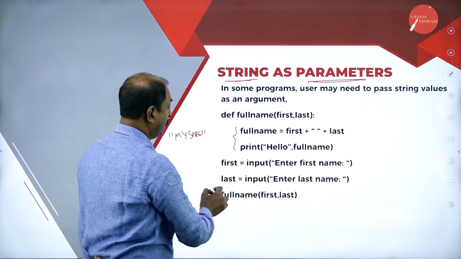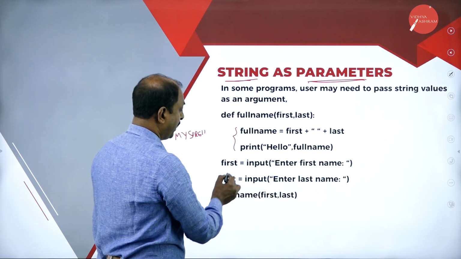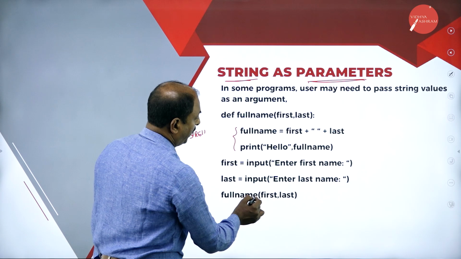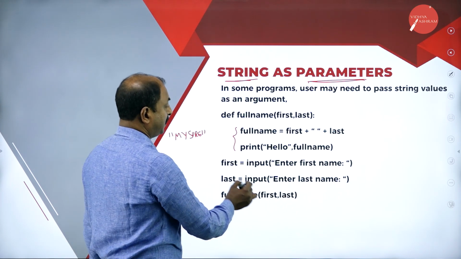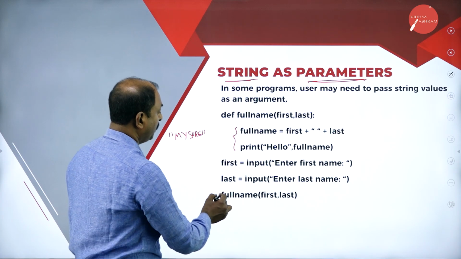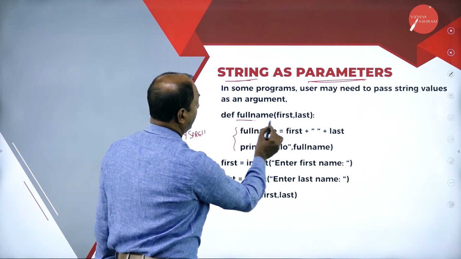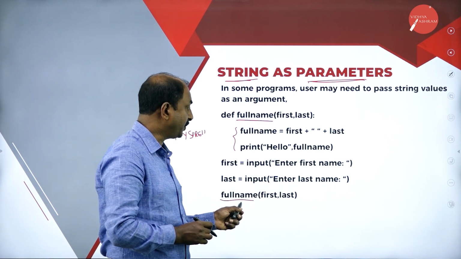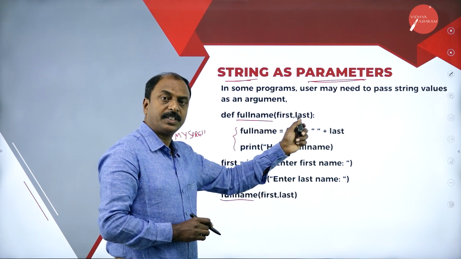The next statement would be first equals input, enter the first name, and last equals input, enter the last name, and full_name with brackets, first comma last. Here we are invoking the function: the function statement, function definition, function header.